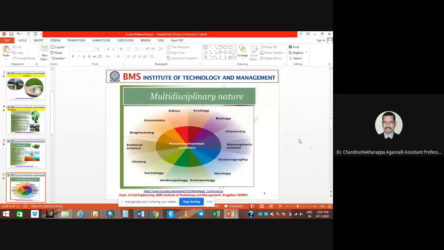Also, we discussed the multidisciplinary nature, which integrates ecology, biology, chemistry, atmospheric science, oceanography, geology, archaeology, anthropology, sociology, history, political science, engineering, economics and ethics. It's all integrated, and we call it environmental science.